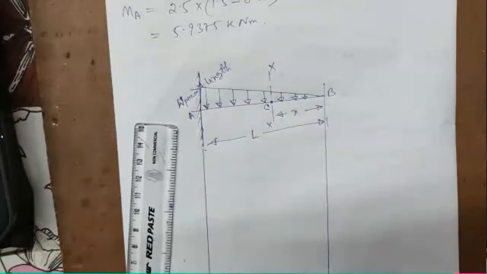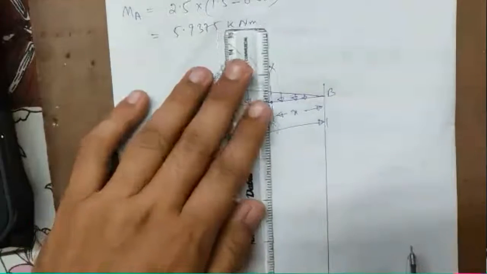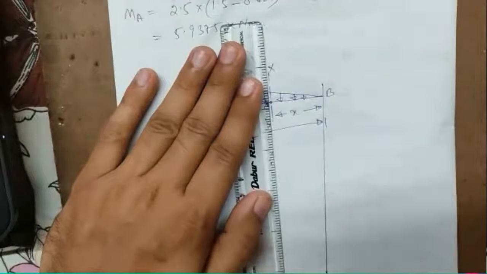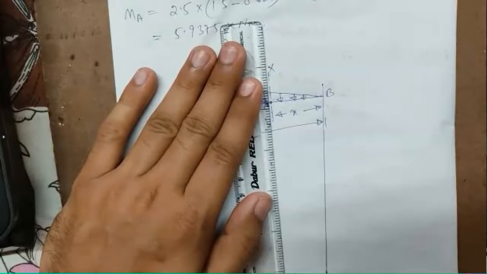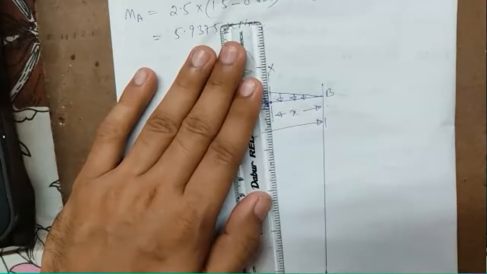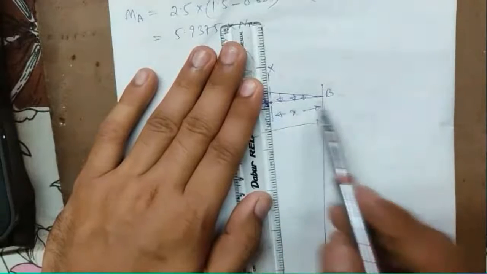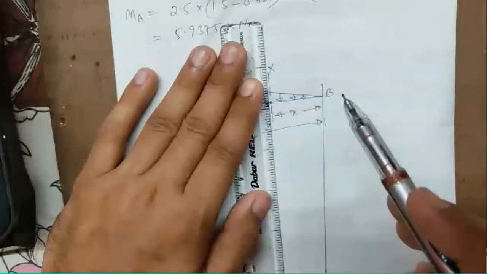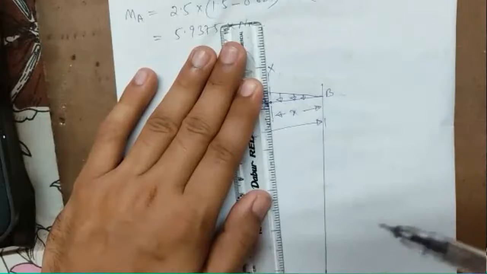So now when we look at this section XX, we will imagine only either side of it, either right hand side or left hand side. So if we are looking at the right hand side only, then you see the forces are trying to make a clockwise movement.